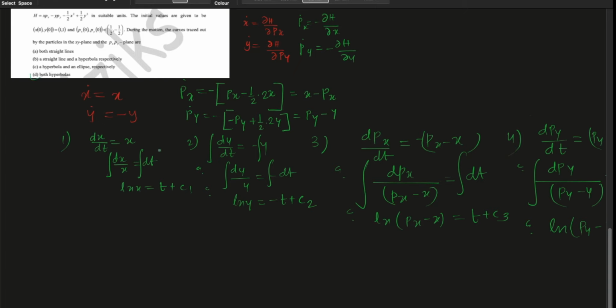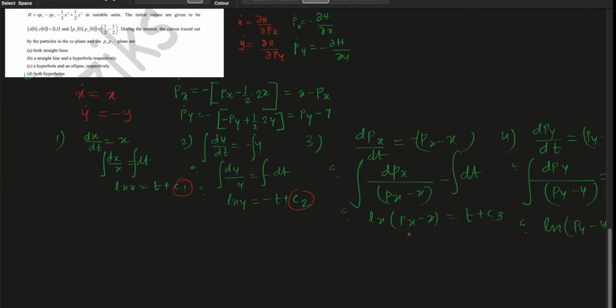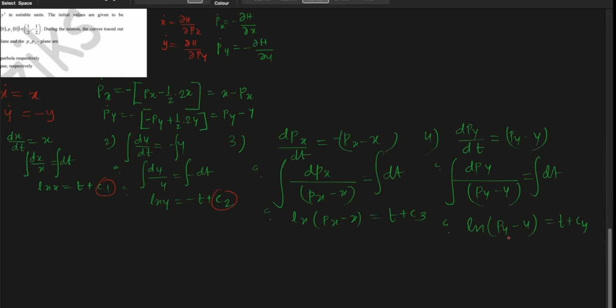Just check all these values of c1, c2, c3 and c4, and if you plug in the values of x and y from these equations, you can get the equation of the trajectory. If the equation becomes like x into px equal to some constant, or y into py equal to some constant, this is basically xy equal to constant, and this equation will be like a parabola.